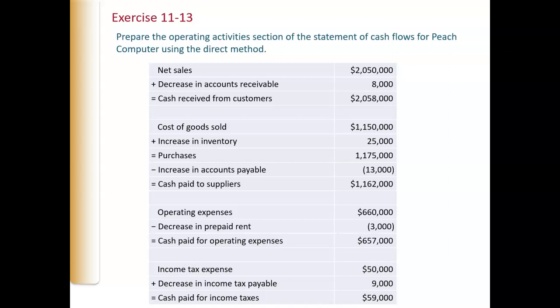Now, operating expenses, the way we can figure out what we really paid, if there's a decrease in prepaid rent, we would subtract it. Okay? There's an increase in prepaid rent, we're going to add it.